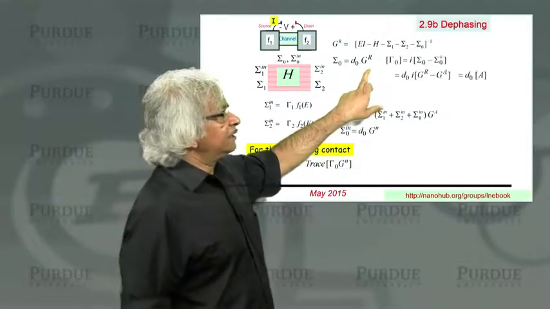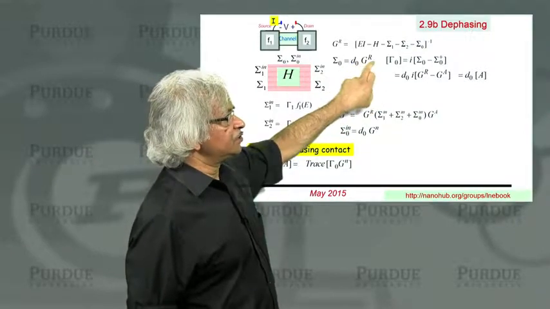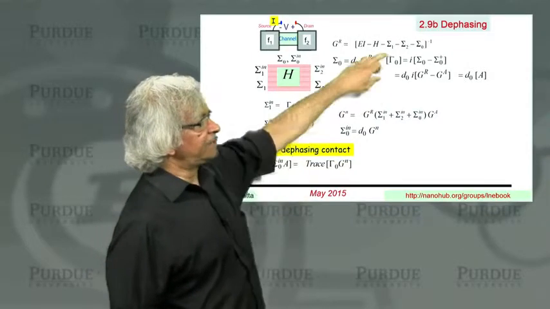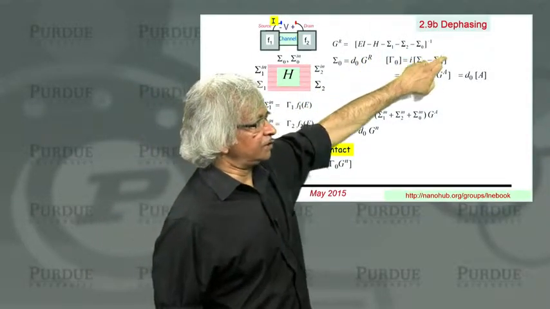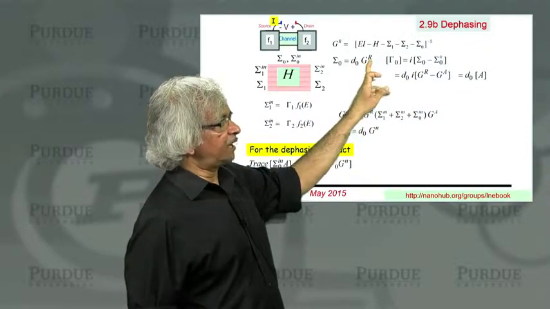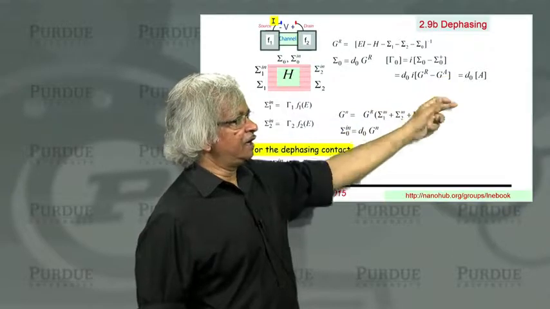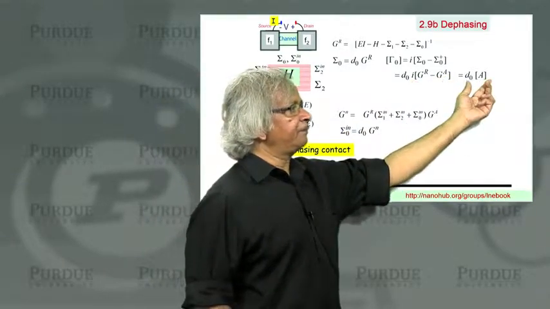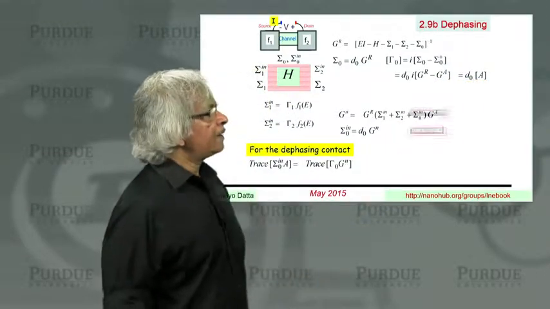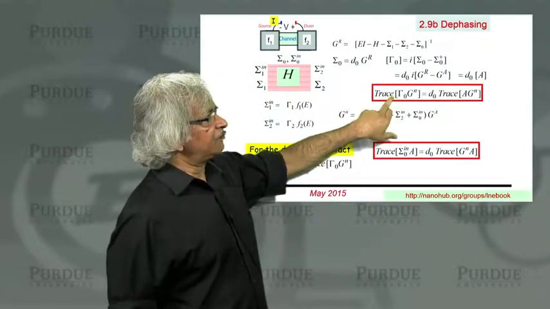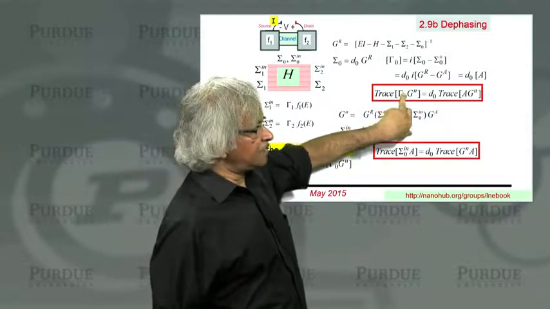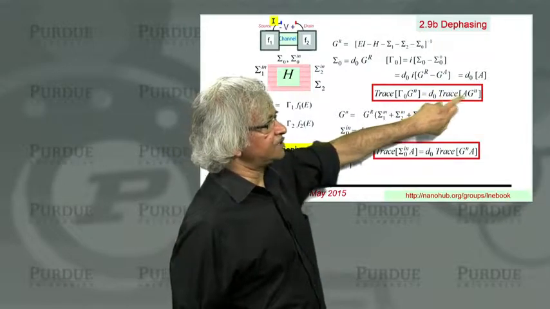Now to see that, note that if sigma 0 is d0 Gr, then the corresponding gamma, which is what I need here, gamma 0 is i times sigma 0 minus sigma 0 dagger, which is d0 times i(Gr minus Gr dagger), which is Ga. And the point is that quantity is A. So gamma 0 is d0 times A. So if you want the trace of gamma 0 Gn, gamma 0 is d0 times A, so it becomes d0 times trace of A Gn.